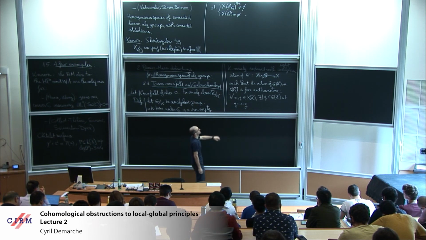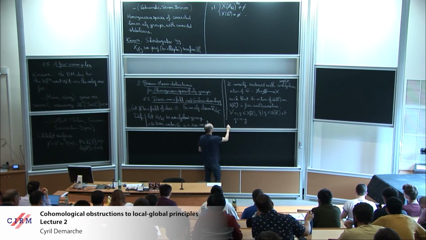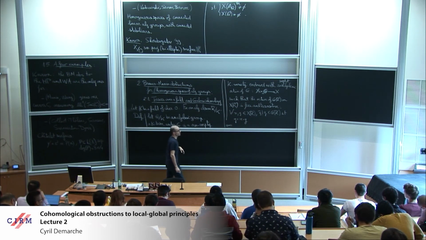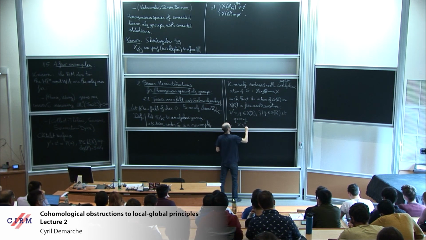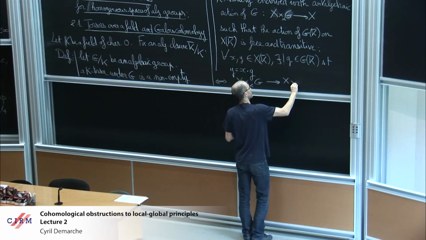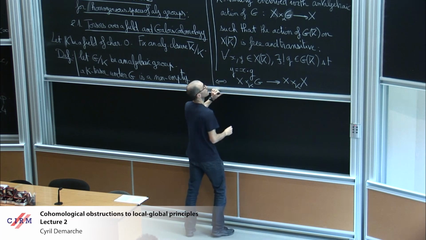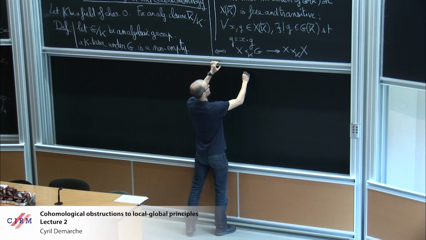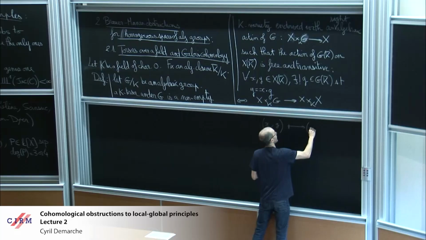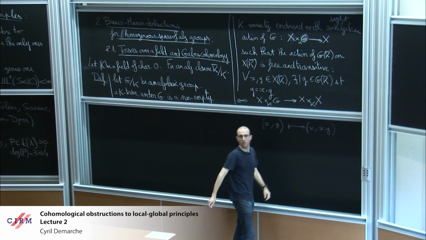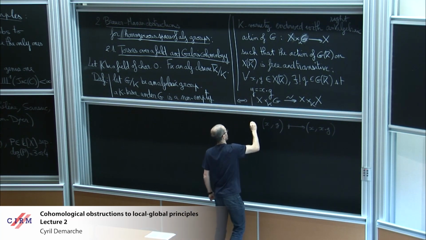A more geometric way to phrase the last condition is to say that the natural map from X times G to X times X, given by (x, g) maps to (x, x times g), is an isomorphism of K-varieties.